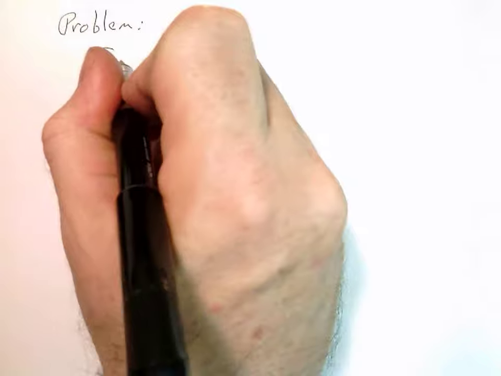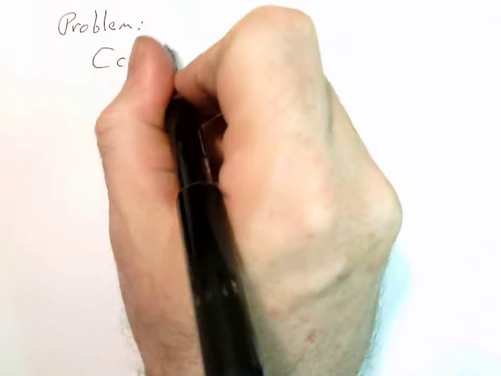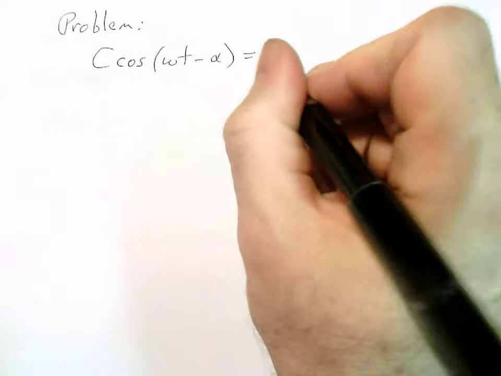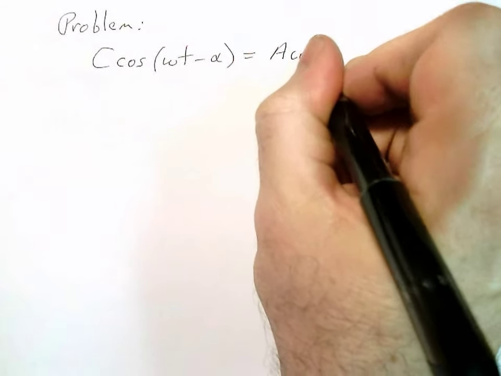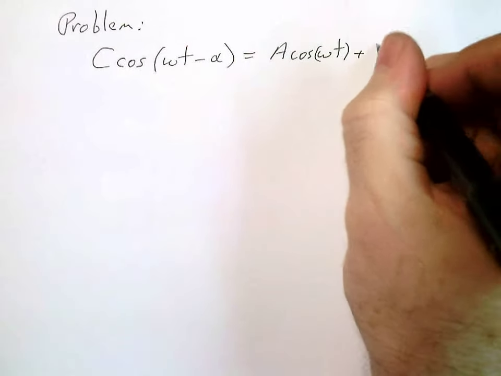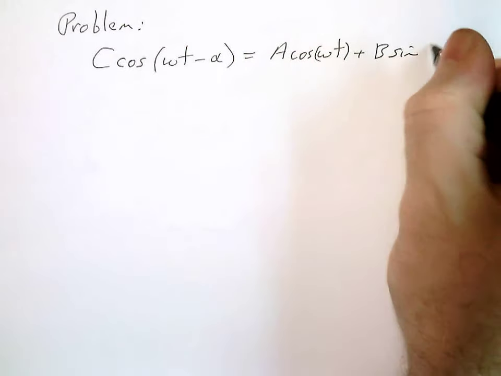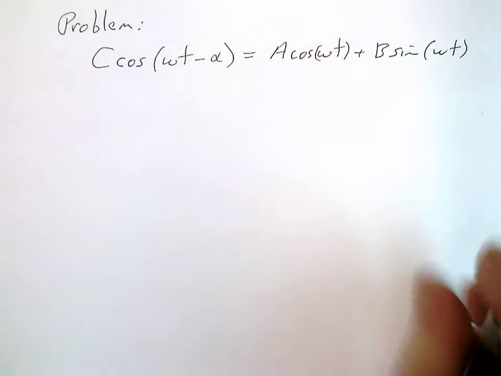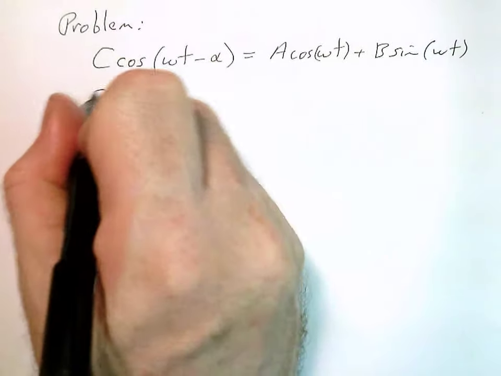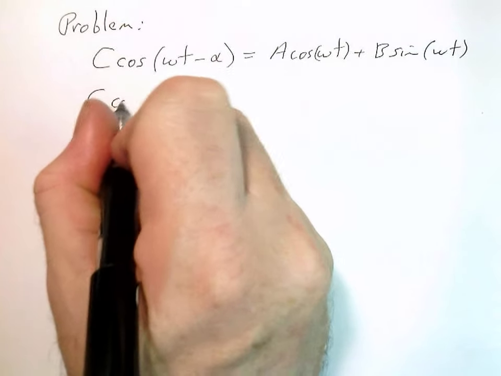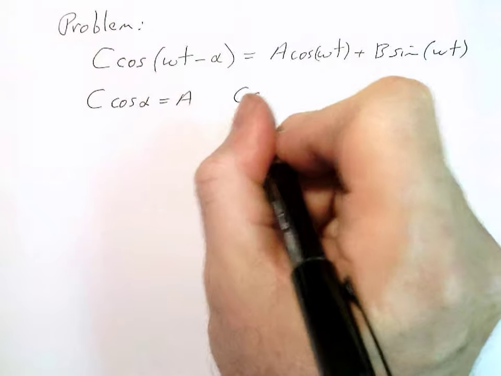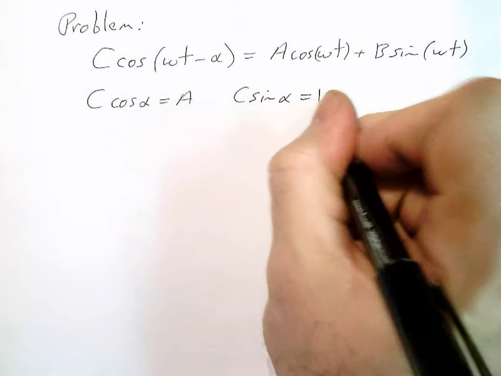That is, I wanted C cosine(Wt minus alpha) to be A cosine Wt plus B sine of Wt, right? And this turned out to just boil down to C cosine of alpha is A and C sine of alpha is B.